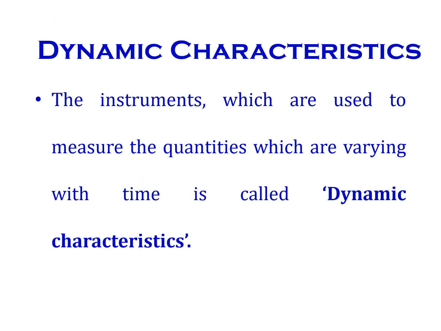Error. Next are the dynamic characteristics. The static characteristics, we have seen, are constant and will not vary with time. Static means it will not vary with time. Whereas dynamic is the opposite of static. It will vary with time.